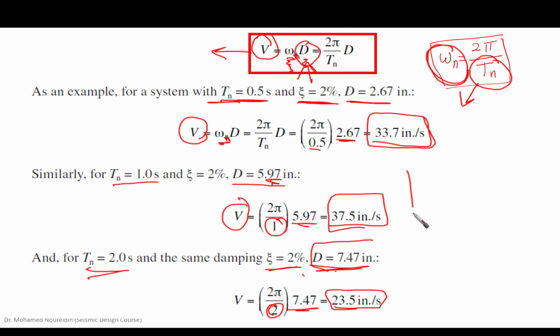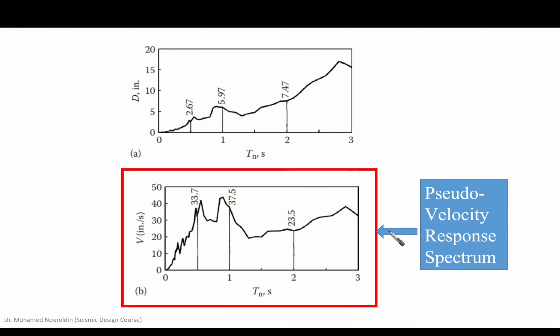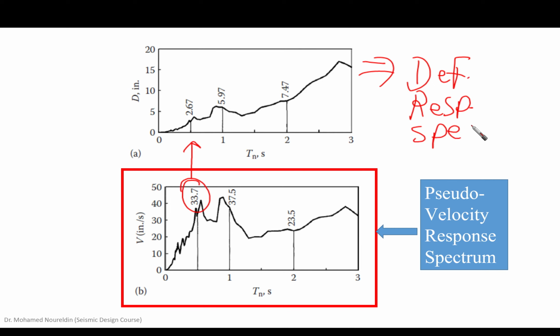So we are going to plot these values as we have done before. It is like 33, then 37, and then 23. This is what we are going to see in the next slide. The first value, 33.7, corresponds to the deformation response spectrum that we have already drawn in previous slides.